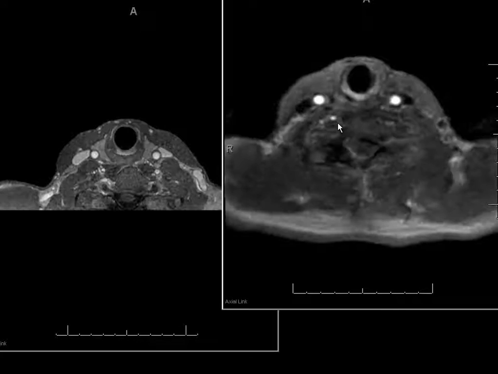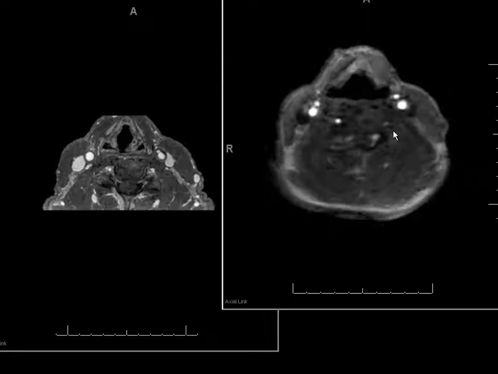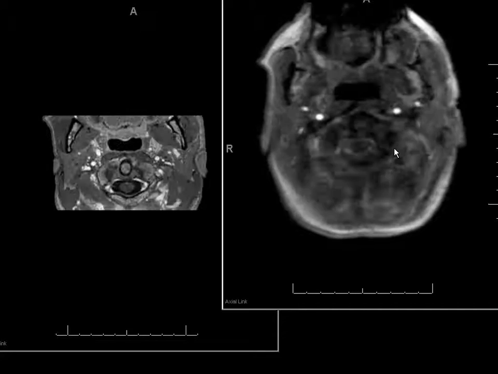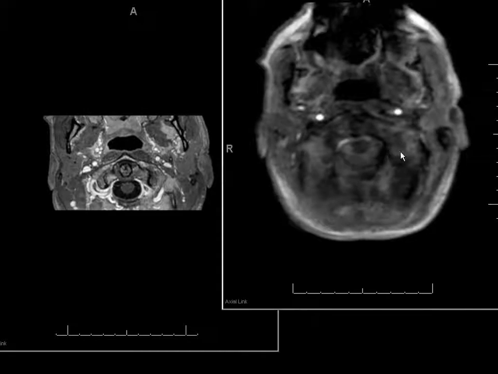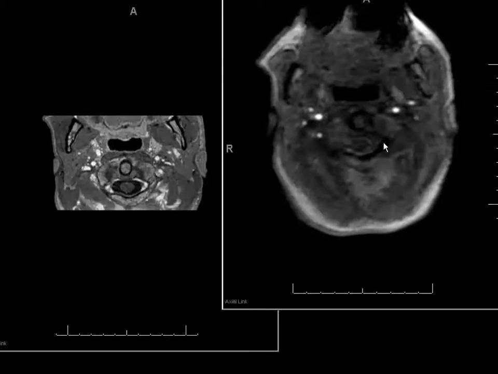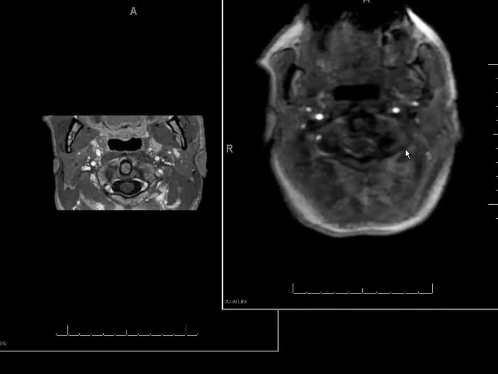The right side vertebral artery is larger than the left. The left side is diminished, but there's still blood flow. But in the intracranial portion, you just don't see the vessel at all. So you cannot tell the difference between occlusion versus trickle flow.